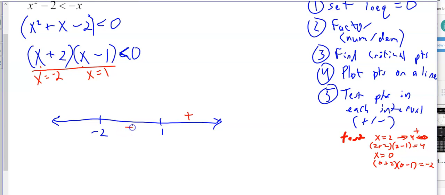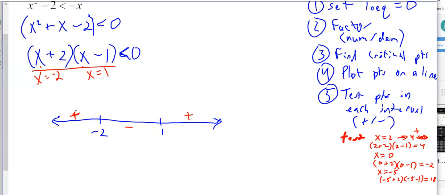So the middle interval is going to be negative. Now I'm going to test a number in the left-hand interval, like -5, any number smaller than -2. So -5 plus 2 times -5 minus 1, which is -3 times -6, which is a positive 18. So I get a positive number when I test in that interval.